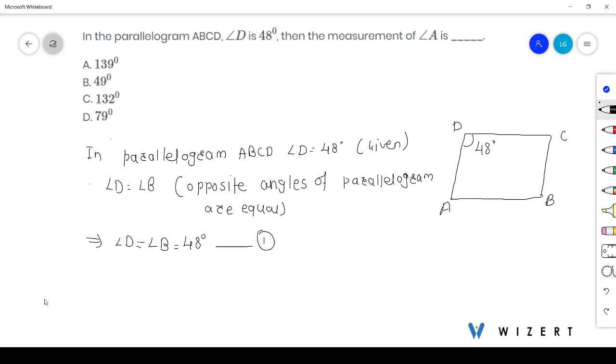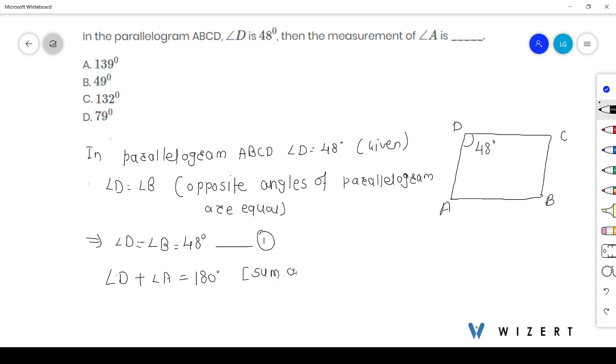Suppose this is 1. As sum of the adjacent angles of a parallelogram is supplementary, so angle D plus angle A is 180 degree.